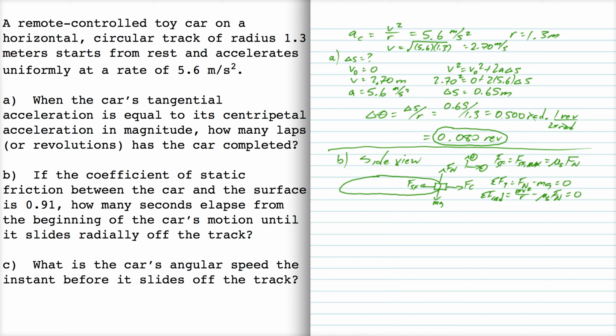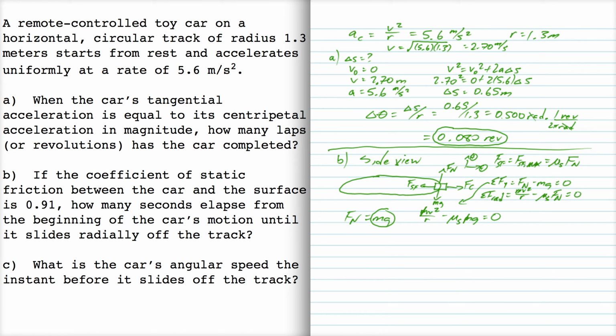Alright, so let's see, what can I do here? I can take this equation and I know the normal force is equal to mg. So that I can take that mg and I can plug it into the second equation, which is mv squared over r minus mu sub s mg equals 0. And there's only one unknown in this equation, and that's v, because m cancels out.